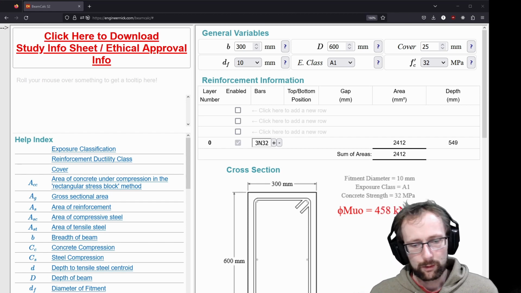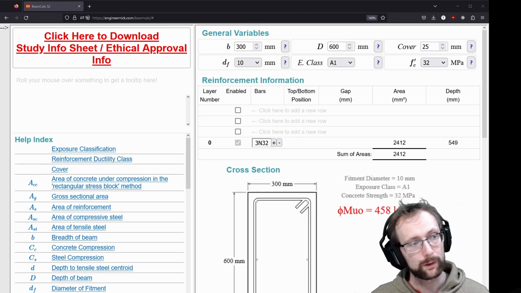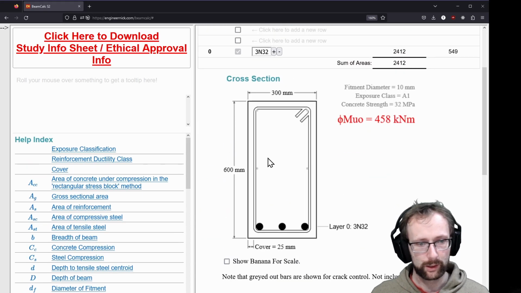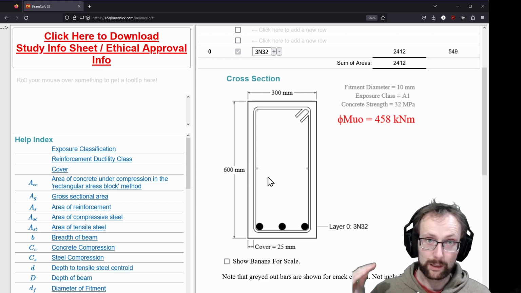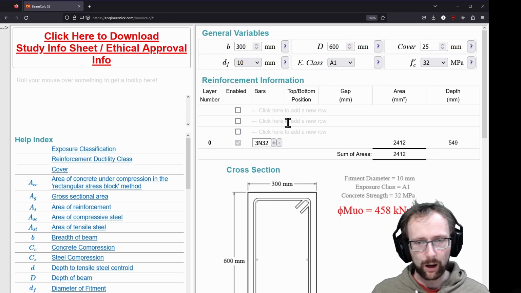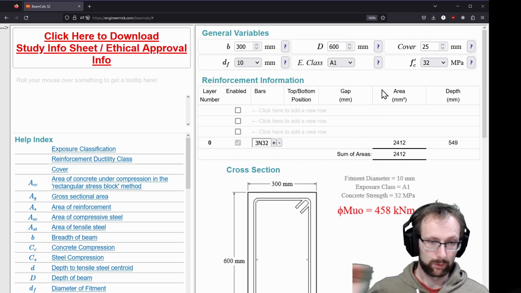Okay, so I was talking about beam calc before, so here it is. This is supposed to be a tool for calculating the bending capacity, the moment capacity of a concrete beam. I've totally forgotten how it's all supposed to work.